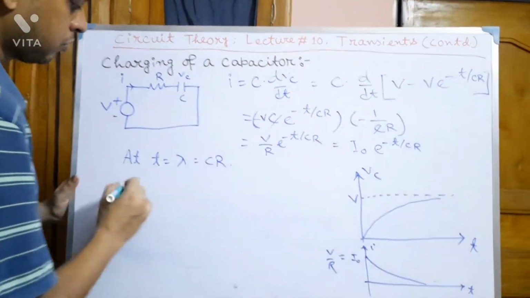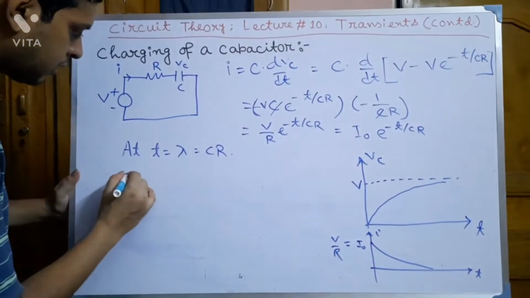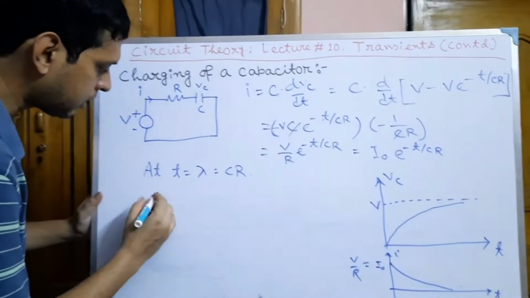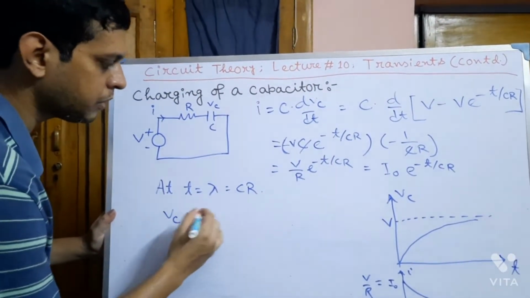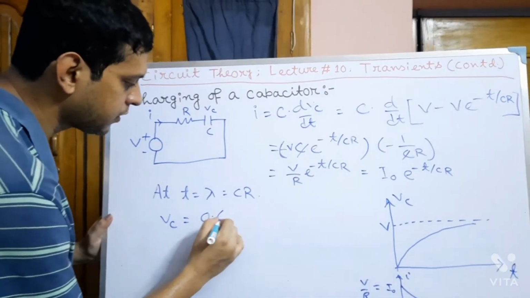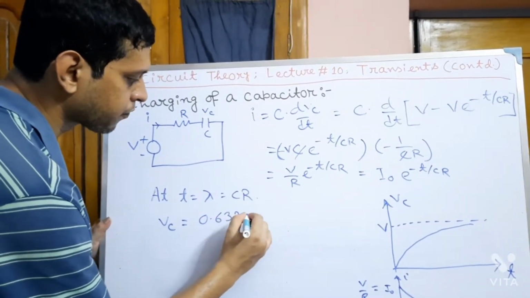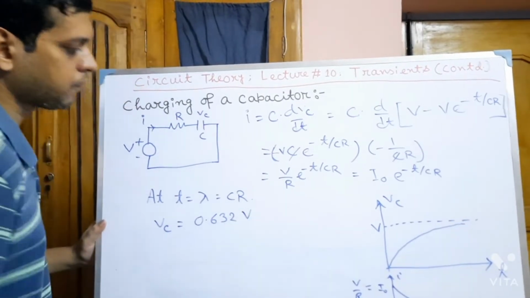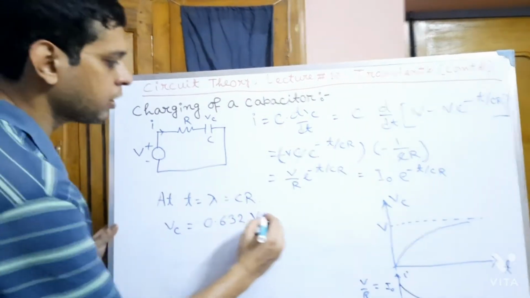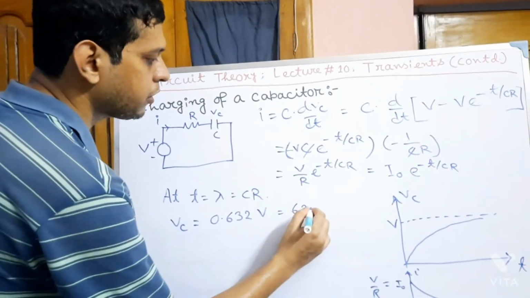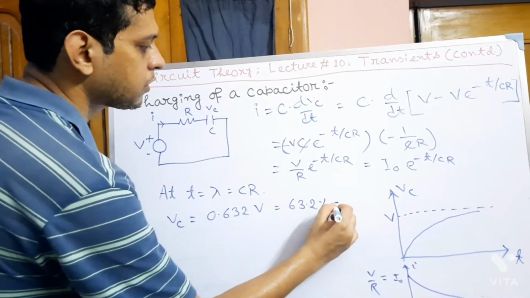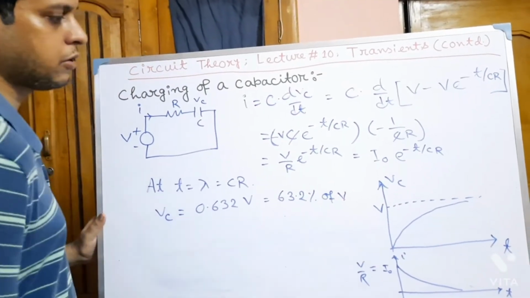Now you can check it after t equal to lambda. Vc will be 0.632 into V, or 63.2% of the final voltage.